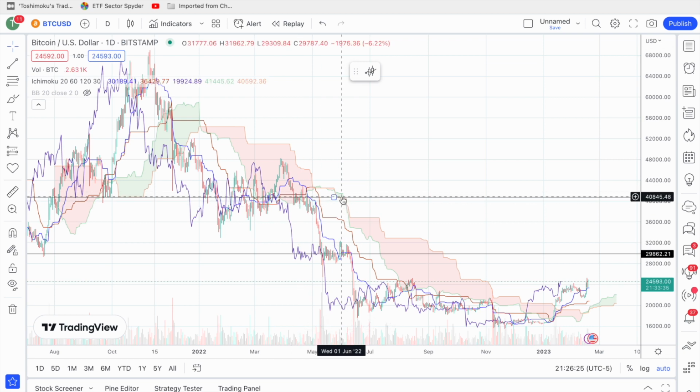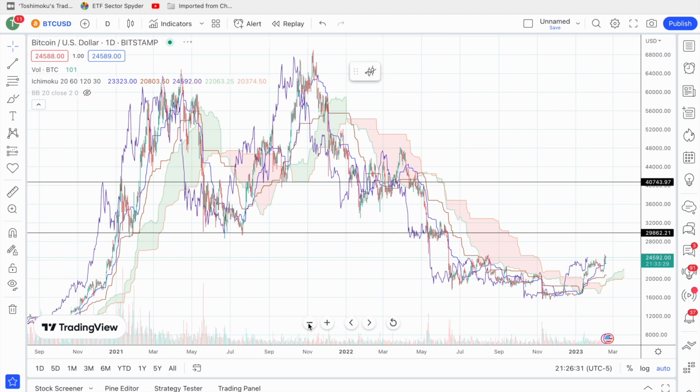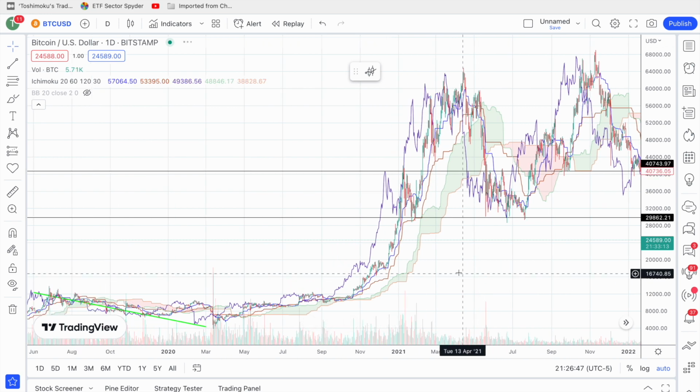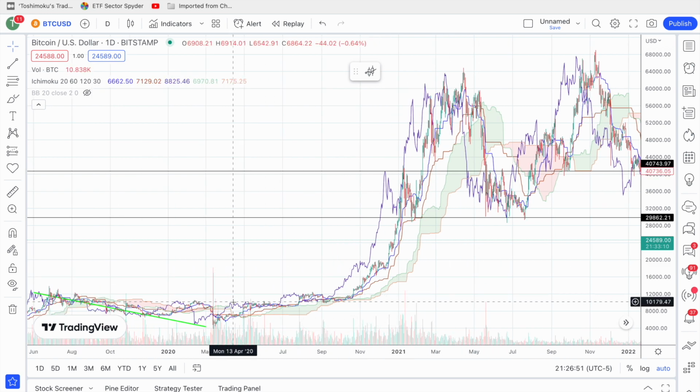If we zoom out and sort of backtest this strategy, you can see that we haven't had a really green span with price above the cloud for quite some time. Let's go back here. Basically, the last that happened was back in October when we were at our highest highs of almost 70, 60K. You see we flipped bearish back in August, but the initial bull trend happened basically right after coronavirus here in April, May.